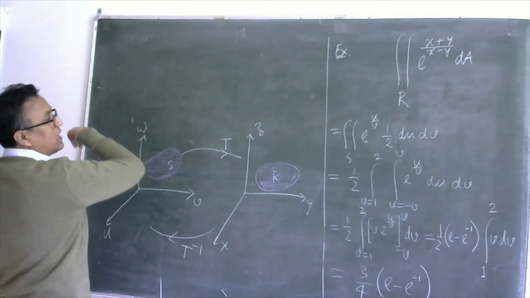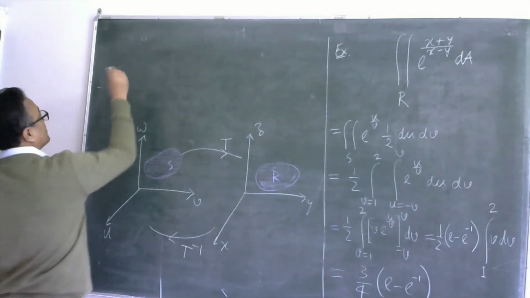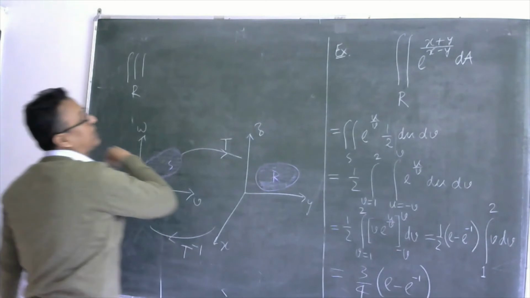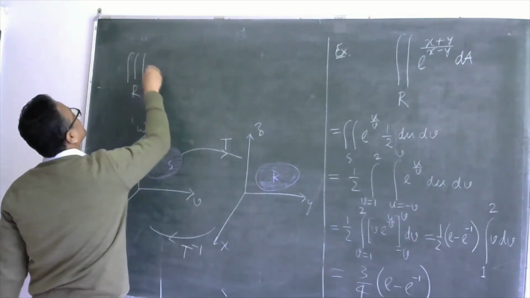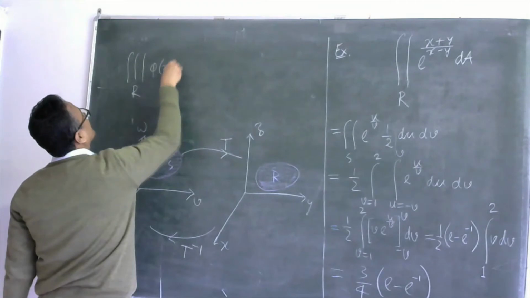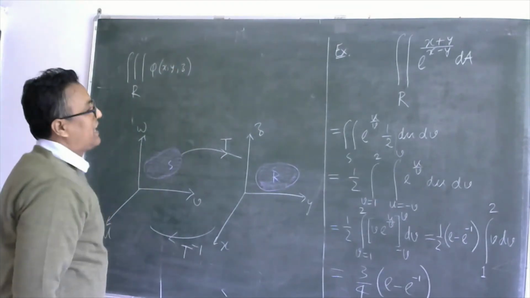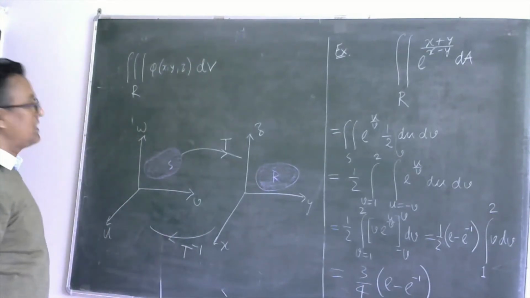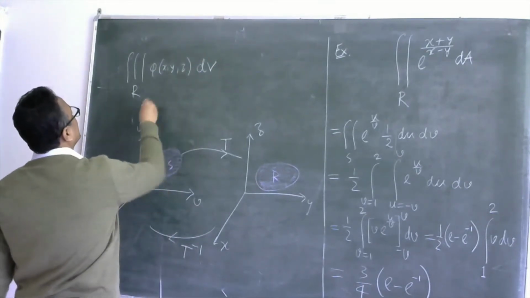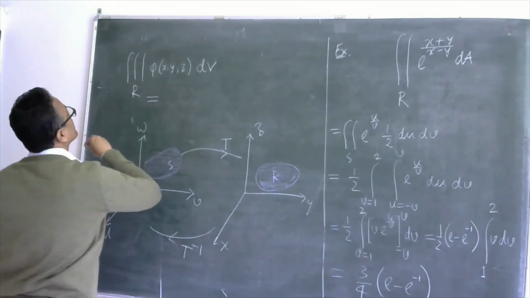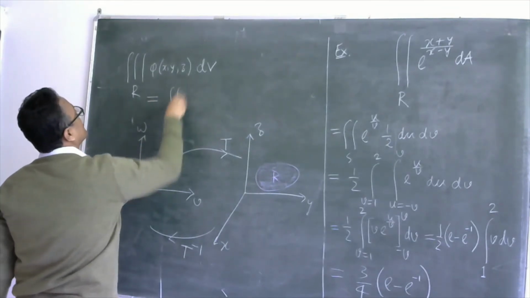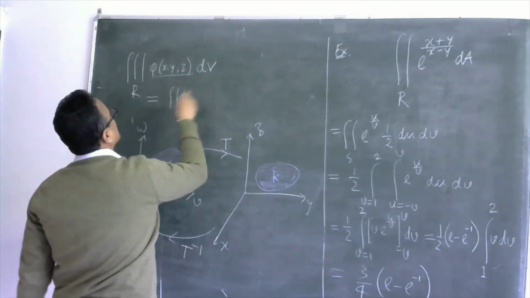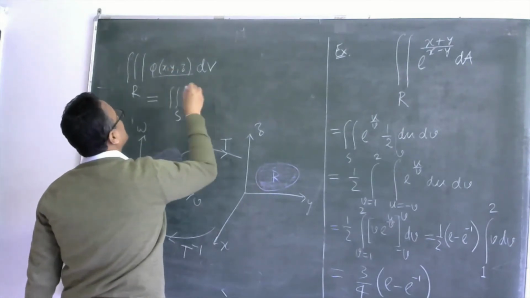Suppose I am trying to evaluate a triple integral of, say, phi of xyz dV, and this is going to transform into your region S. Then you are going to plug in this phi.